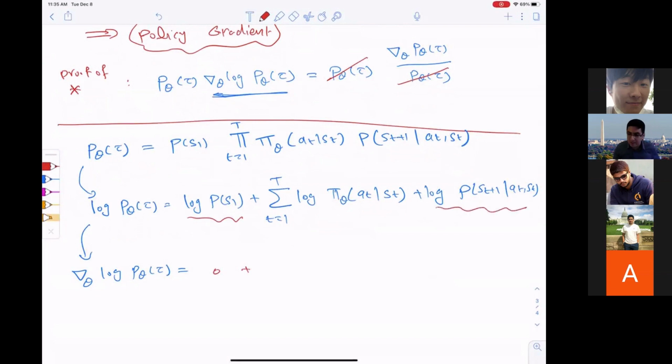Does it depend on theta? Not, right? Because it's the environment, so it has nothing to do with my policy. So my gradient, therefore, is the sum over t of the gradient terms of log of my policy network. That's it.